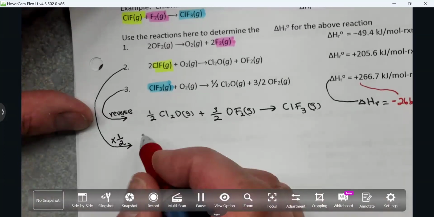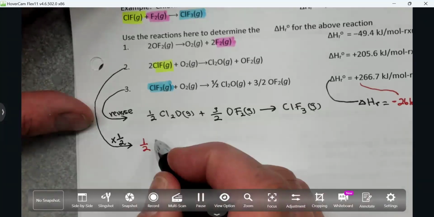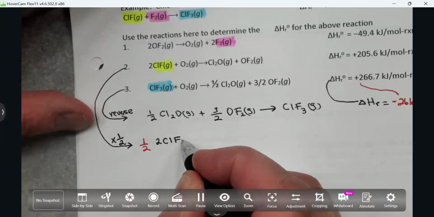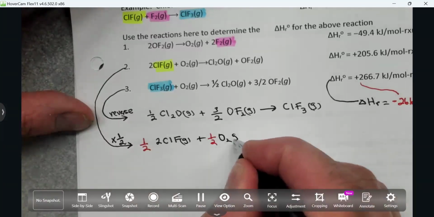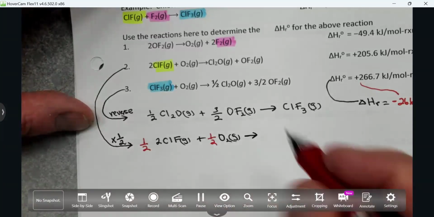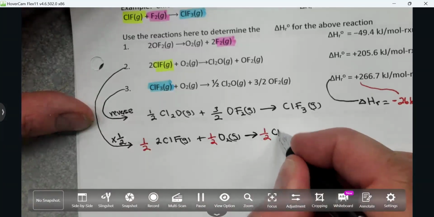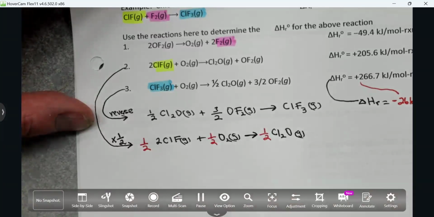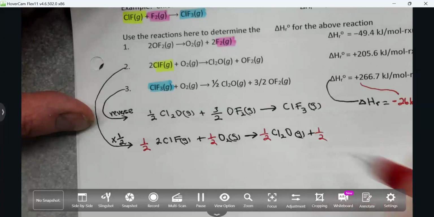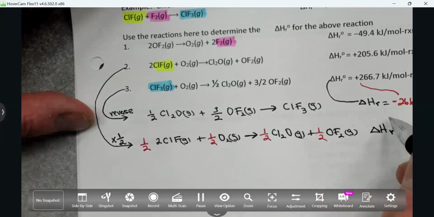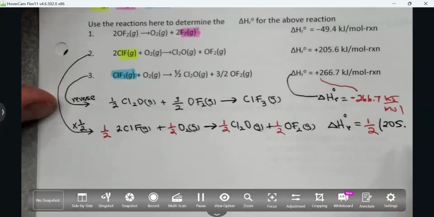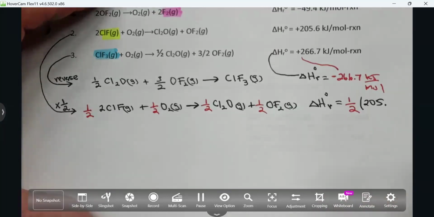So if we do that, I'm going to have, in red, 1/2 2ClF gas plus 1/2 O2 gas gives us 1/2 Cl2O gas plus 1/2 OF2 gas, and then delta H is going to be 1/2 of 205.6.